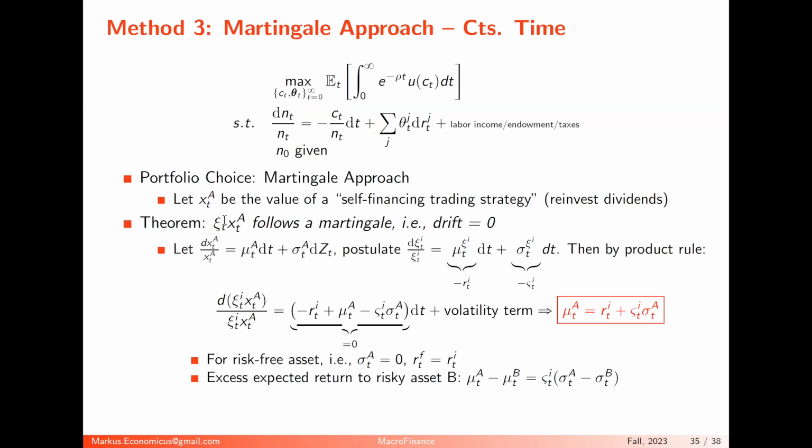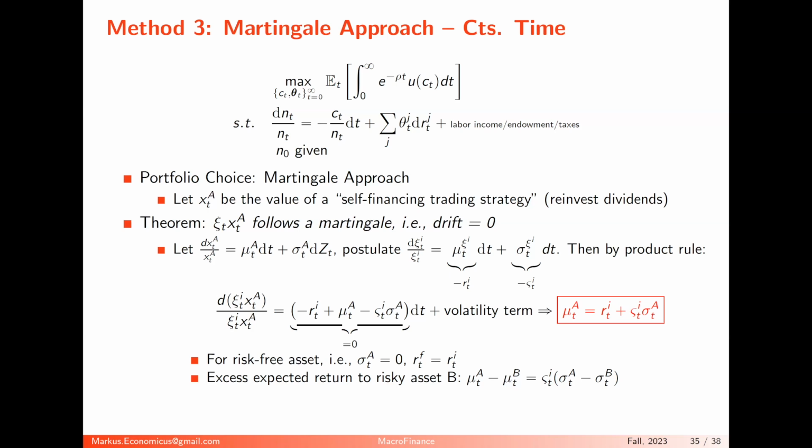So what's the drift of this? First of all, X has a drift of this guy. The drift of the SDF is mu of Xi, and let me call this minus r. Just a definition. It turns out this drift of the SDF is the risk-free rate, but you don't know this yet.